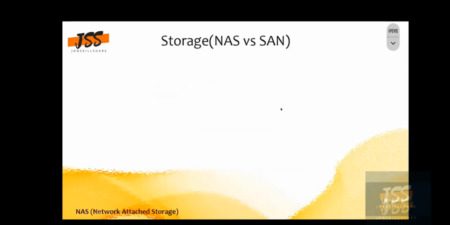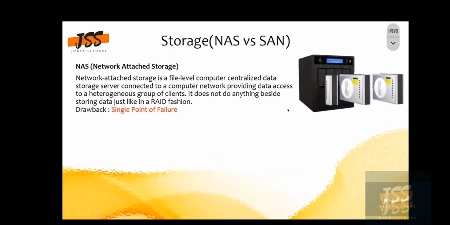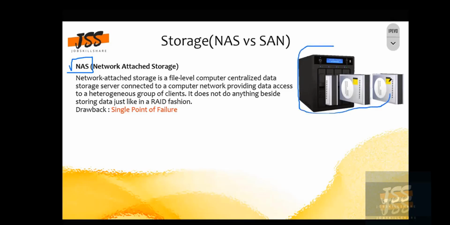To the next slide, which is talking about NAS and SAN. These have to do with storage, because in your TestOut lab we have these sections, so that's why we added them. NAS is basically for small setups, like in a home, where you want to connect multiple devices. It comes with redundant disks.